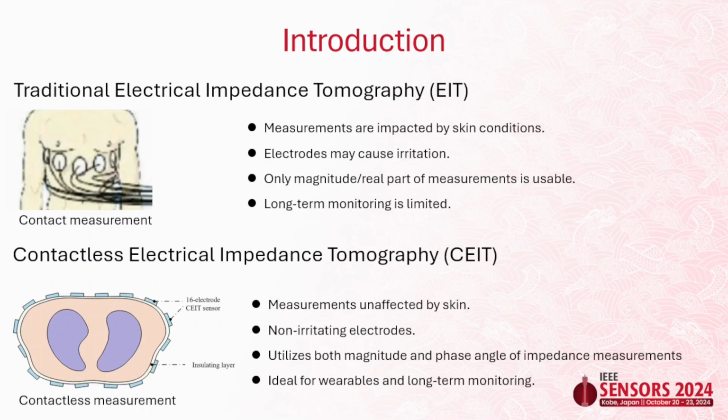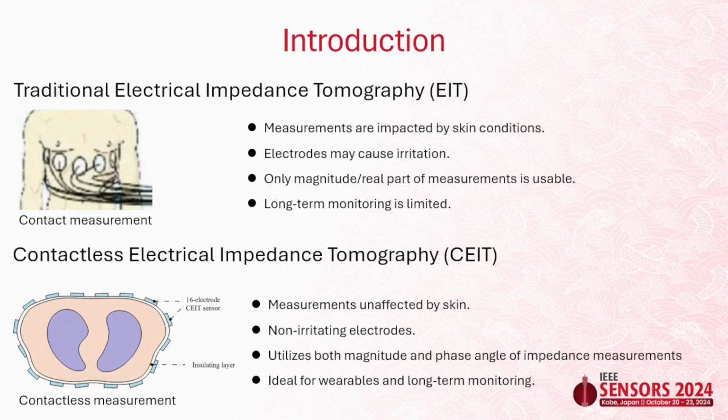The electrodes may cause some irritation, and normally for the traditional EIT method, only the magnitude part or the real part of the measurement is used for the image reconstruction. And for long-term monitoring, it's painful because of the pressure and the skin will get drier.